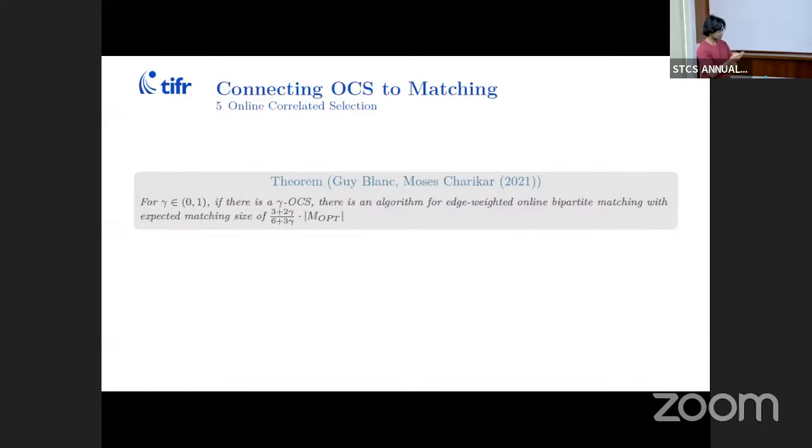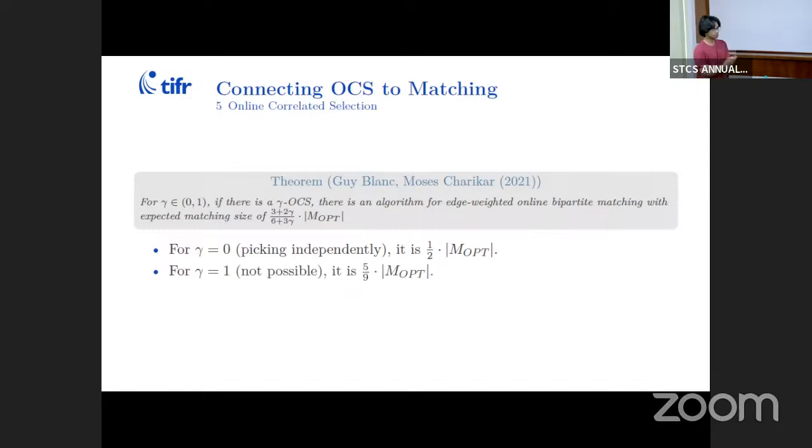Now, once again, let's see what the different gammas would give us. For gamma equal to 0, we know we can attain it because that is equivalent to picking uniformly and independently. Gamma equal to 0 would basically give us half, nothing better than greedy. On the other hand, gamma equal to 1 we know is not possible, but if we had it, that would give us 5 by 9, beating half.